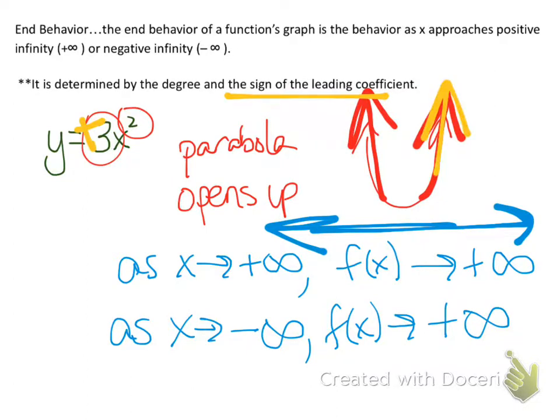Since the leading coefficient is positive, the right end of the graph is going to go up. Then you're going to look at the degree. Since in this case the degree is even, that means the left end is going to match the right end, so it also is going to be going up.